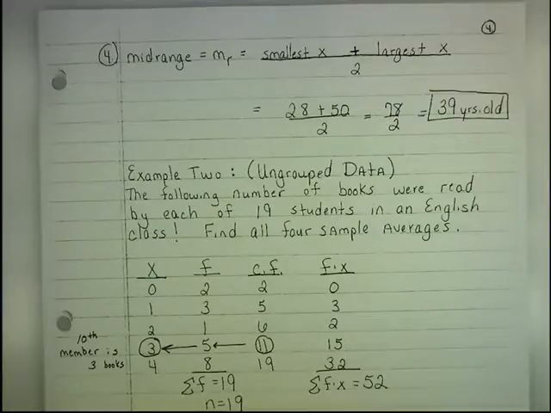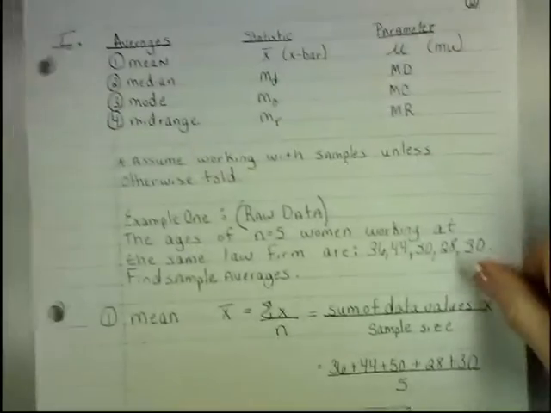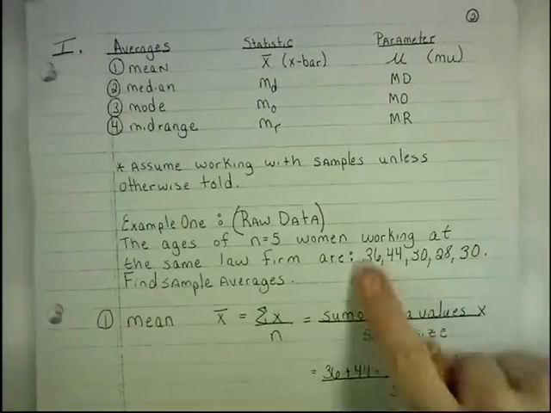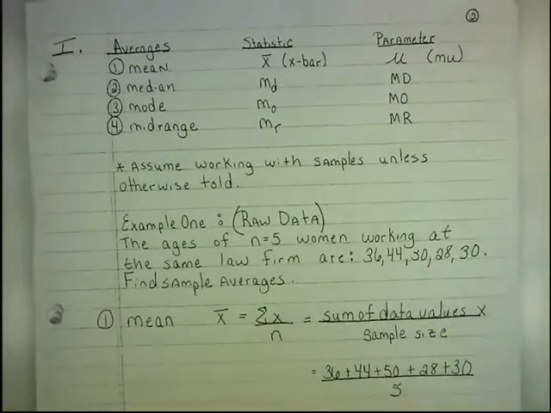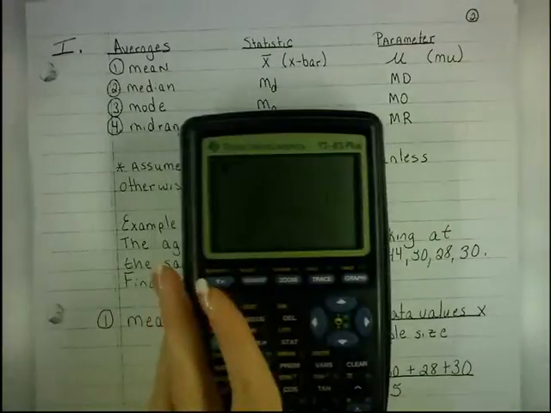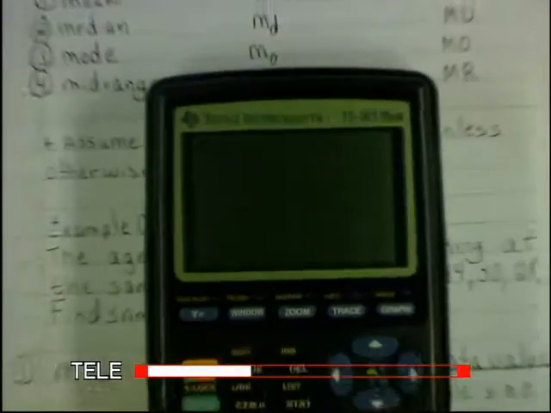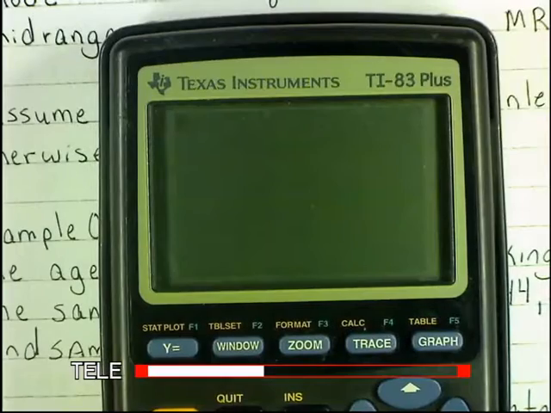In order to do so, I'm going to go back to the original data set, which is from page 2 of the lecture notes, and I'm going to put these values into the calculator. Before I do that, I would like to show you the calculator. This is a TI-83 Plus. I have 3 calculators.